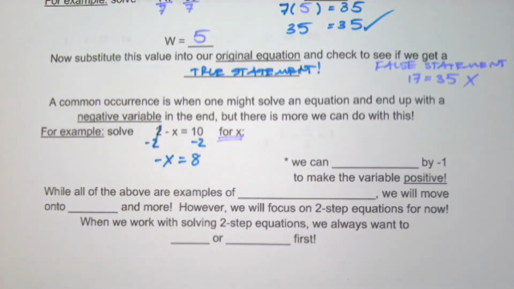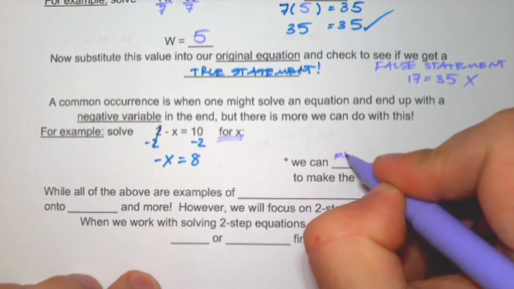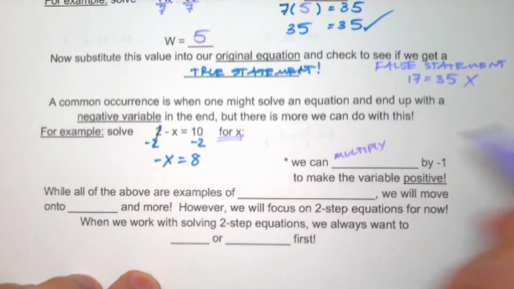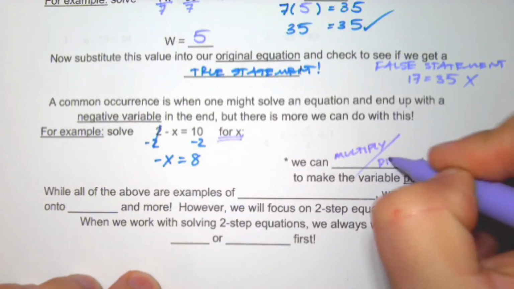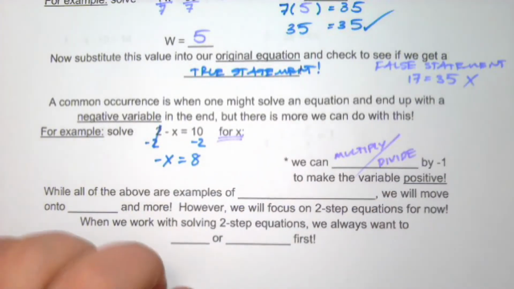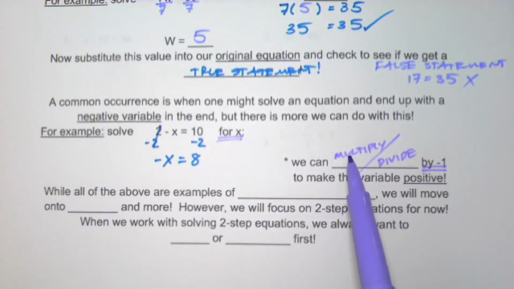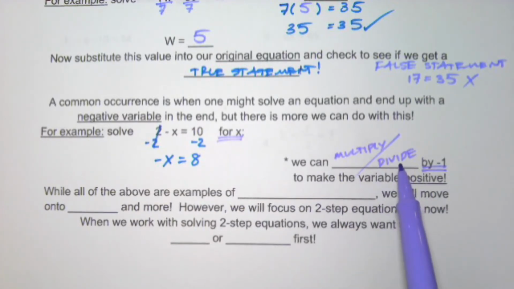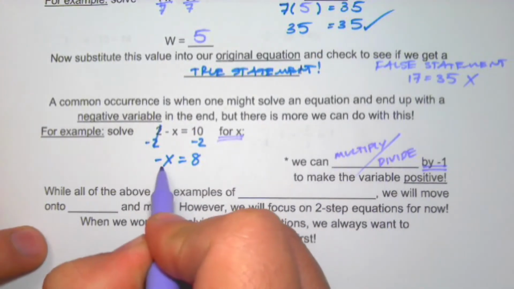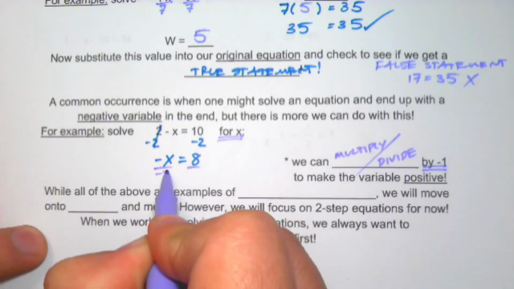So there's one of two things we can do. We can either multiply or we can divide by -1. So reminder, when we multiply by -1, it just changes the sign. Same thing if we divide. So in this case, for an example, I'm going to show it with division.